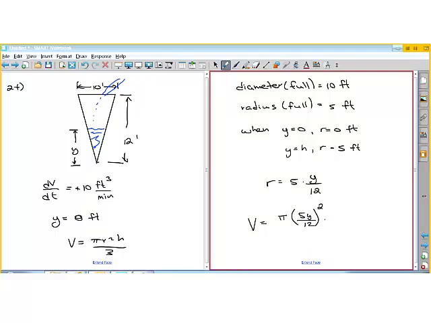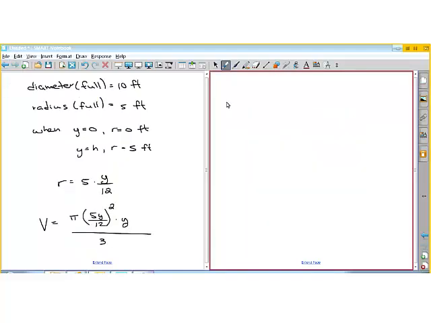Then the height of the water at any particular time is y, and we divide by 3. Okay, so that's our equation.